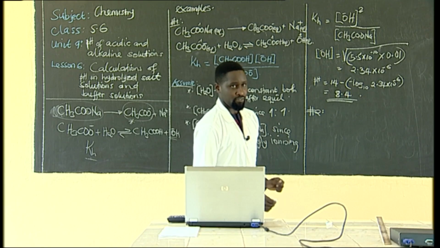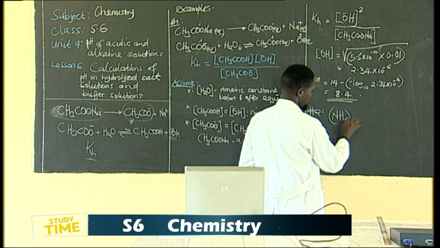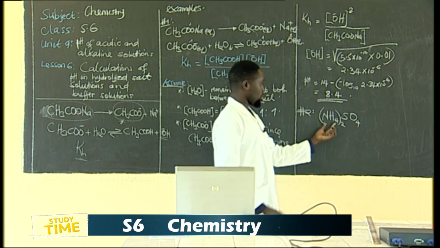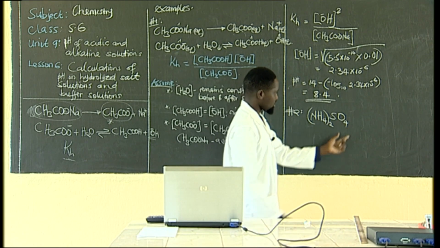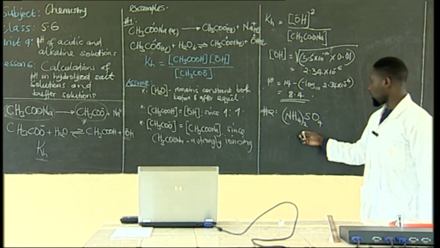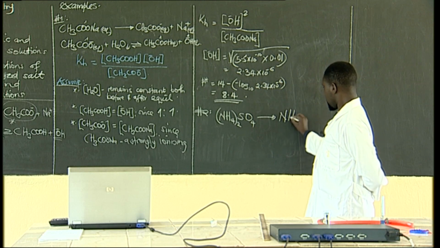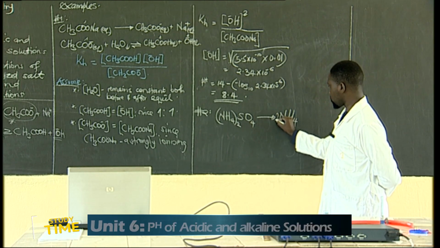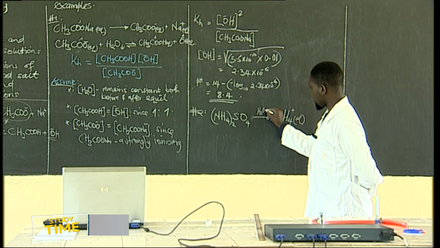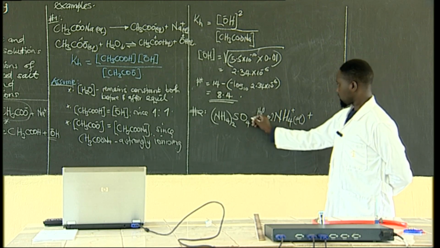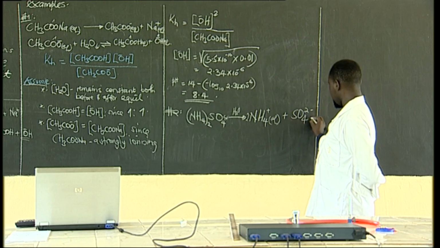We're looking at ammonium sulfate. As you could understand, the ammonium sulfate comes from ammonia as a weak base and sulfuric acid as a strong acid. So indicating this is what we can call an acidic salt. It will ionize to ammonium ions in aqueous plus the sulfate ions, aqueous.